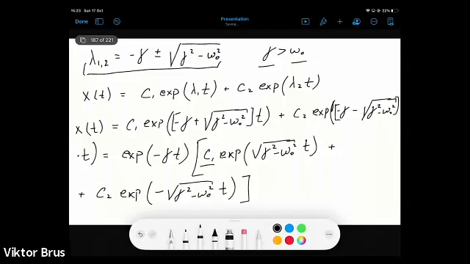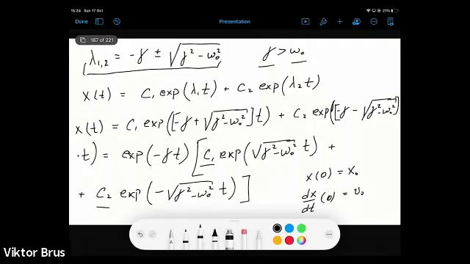Of course, we will have two constants. We will not go into details defining these constants for some specific case, because then we need to consider that x at 0 is some x naught initial position, then dx over dt at 0 time should be equal to some v naught, some initial value of velocity.